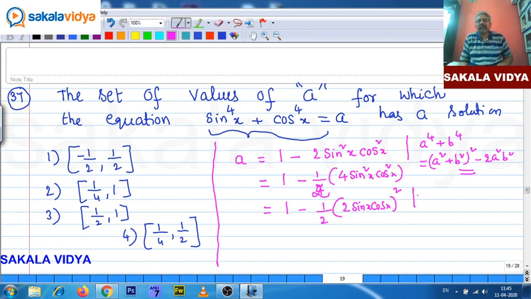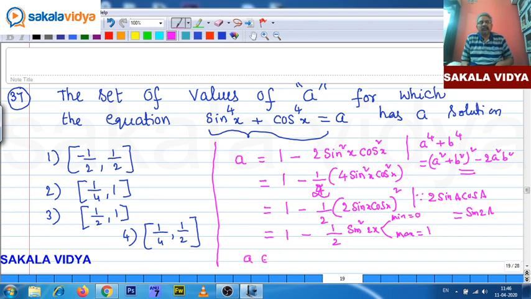We know 2 sin a cos a is equal to sin 2a. So this equals 1 minus 1 by 2 sin square 2x. Now write down the minimum and maximum value of sin square 2x. Minimum is 0, as we have already discussed in periodicity. Maximum is 1.